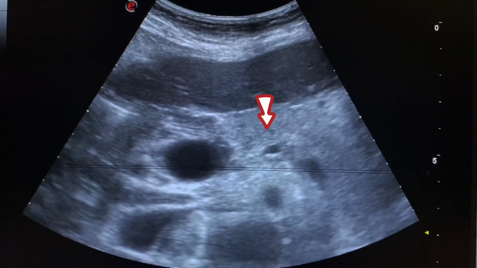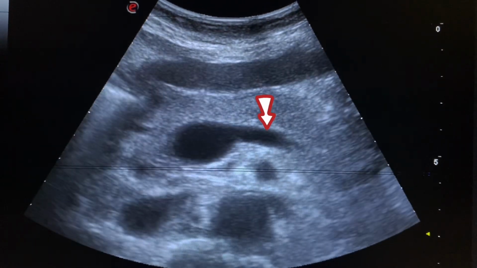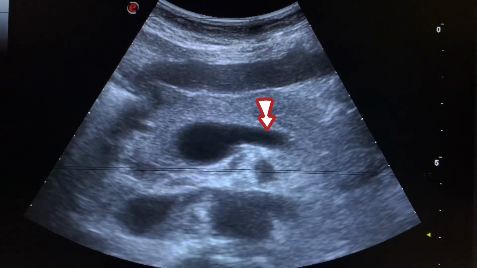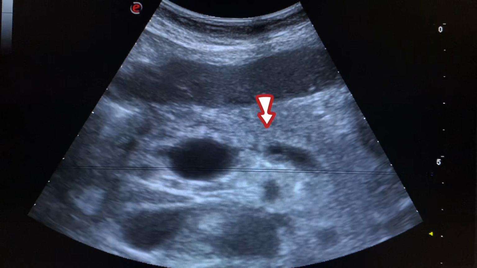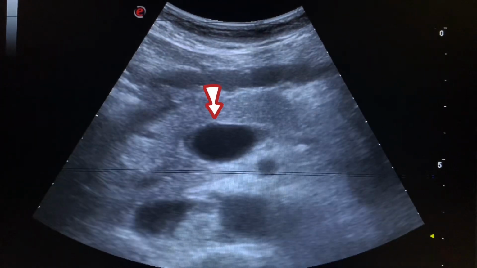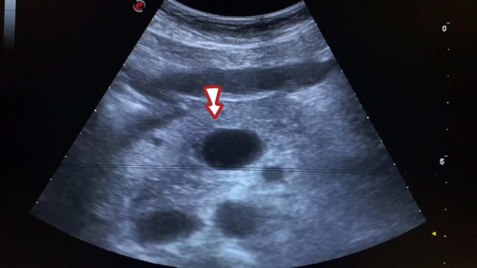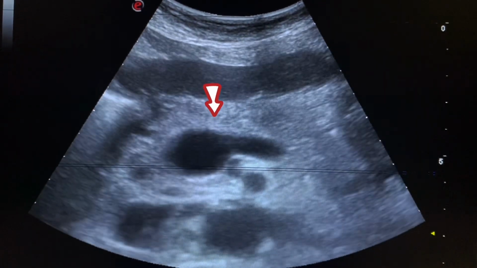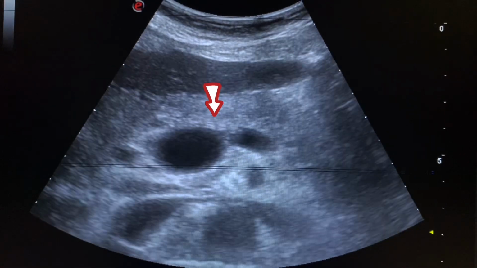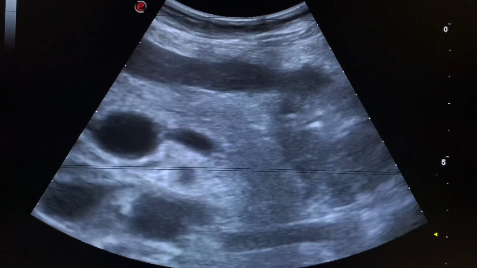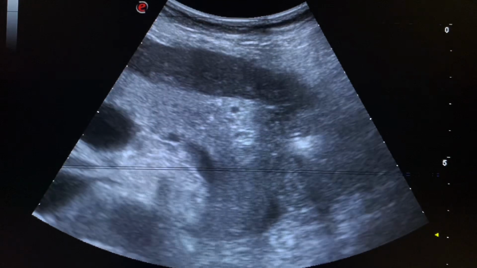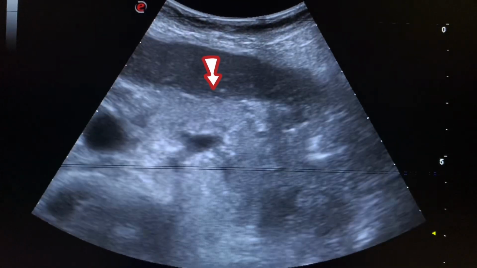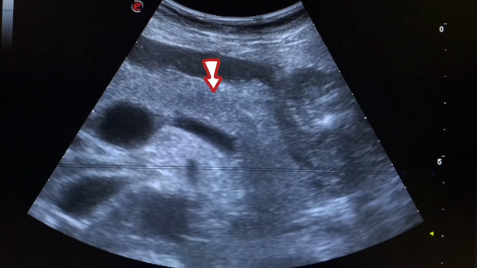The pancreas lies anterior to the splenic vein, so it is easy to locate the pancreas when there are gases. First, you locate the portosplenic confluence and splenic vein, and then you can locate the pancreas. The pancreas is normal and no mass lesion is present.